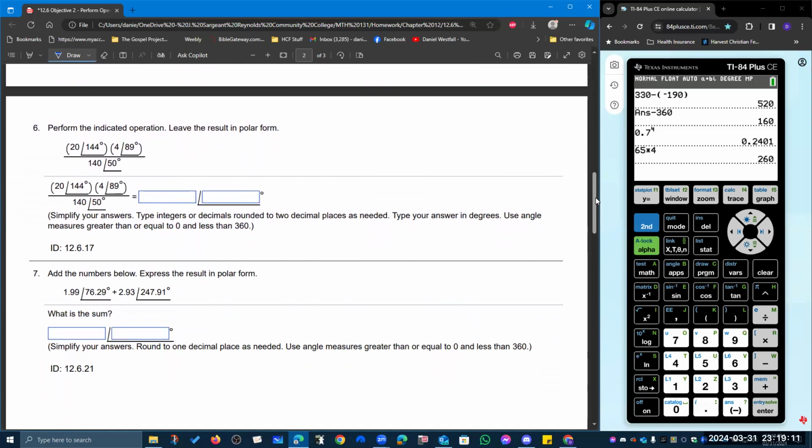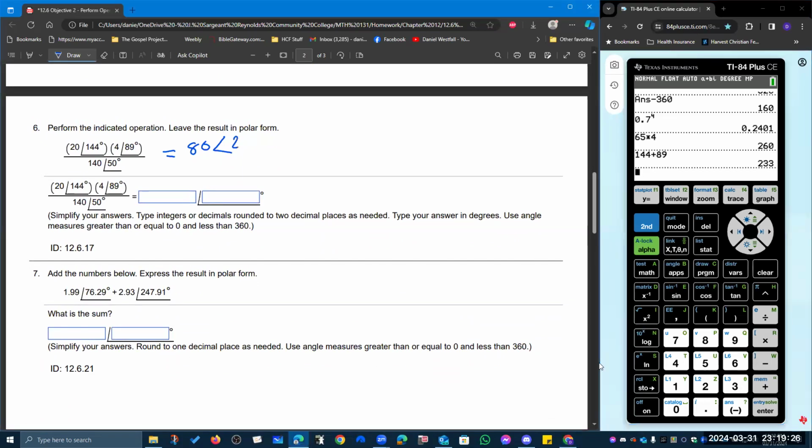So now we're going to simplify these up here. 20 times 4 is 80, and then 144 plus 89 is 233. And then we're going to divide that by 140, and then this is 50. So 80 divided by 140.